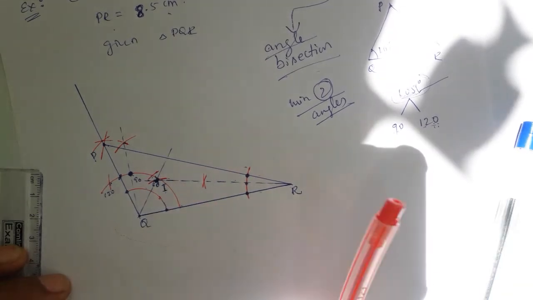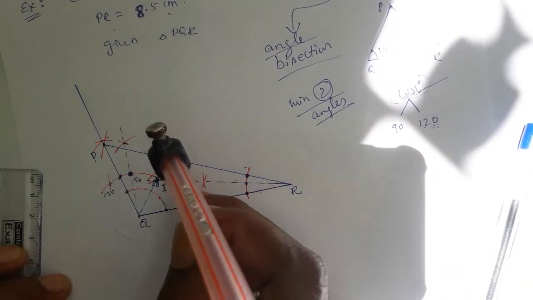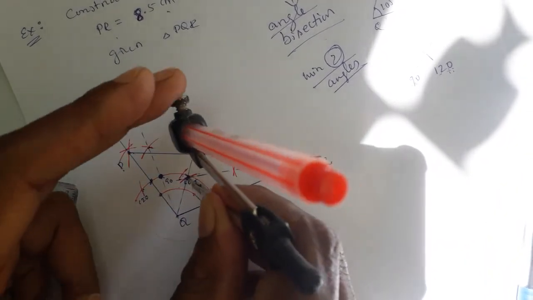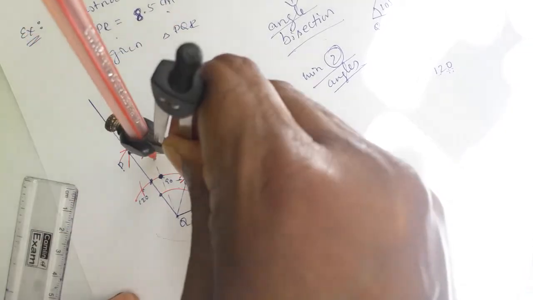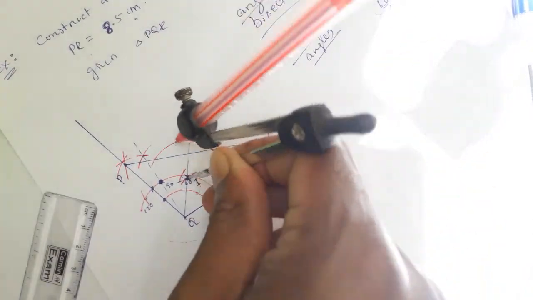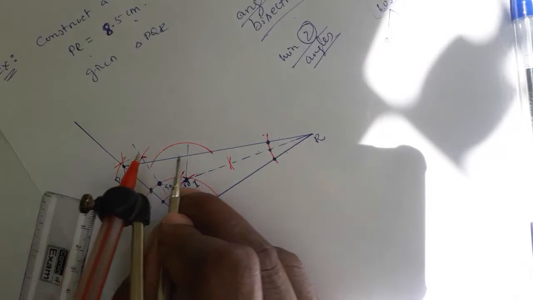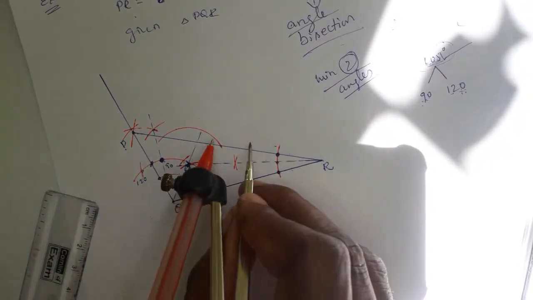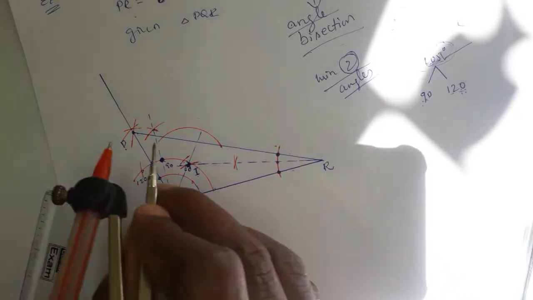So from incenter I, you cannot draw the circle directly. We have to follow one more step. What is that one more step? From the incenter, mark an arc like this. That arc should meet any one side of the three sides of the triangle. There are three sides here: PQ, QR and PR.